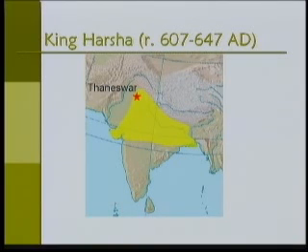From that far off northwestern India, from Thaneswar, it was difficult to control eastern India or central India. So that's why he came up with this new capital right in the center, as I said.